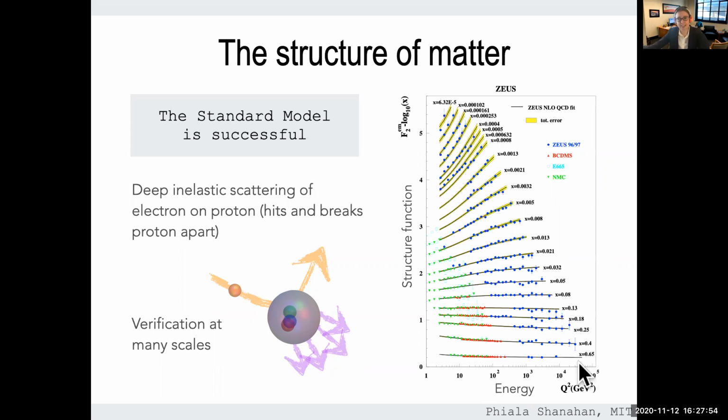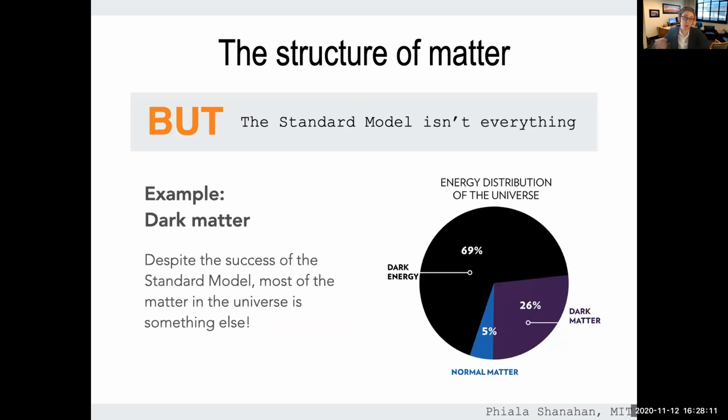On the horizontal axis, we have energy on a logarithmic scale, so this figure covers many orders of magnitude. And you can see a consistency between the experimental results, the points here, and the theory predictions, which are the yellow bands.